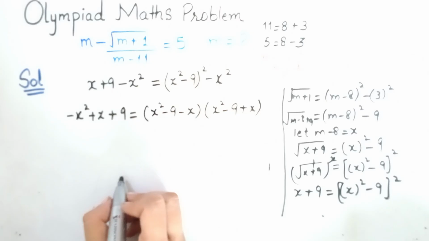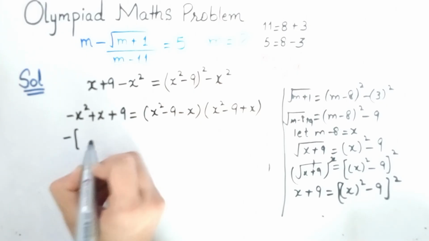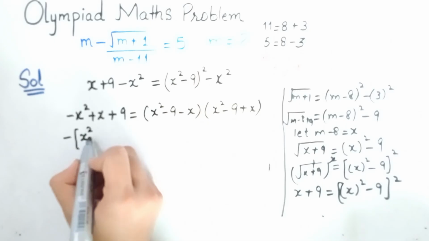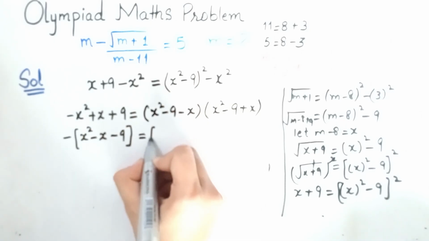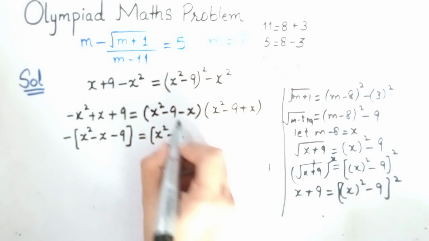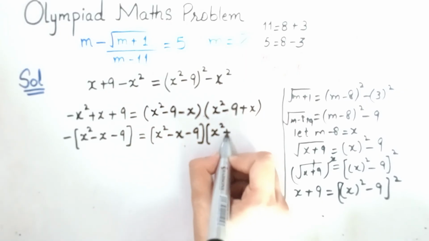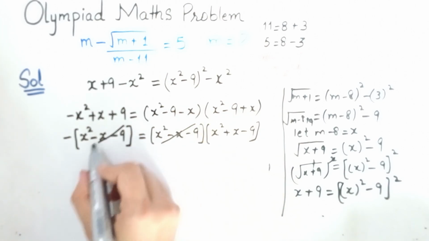Then in the next step, we will take minuses common from this. Remaining is x square minus x minus 9. Arrange this as (x square minus x minus 9) and (x square plus x minus 9). You can see this term and this term are the same.